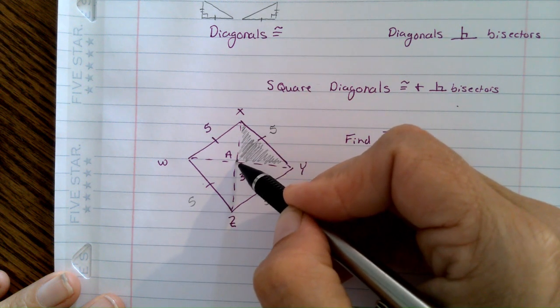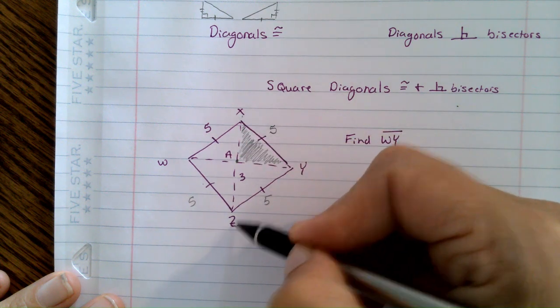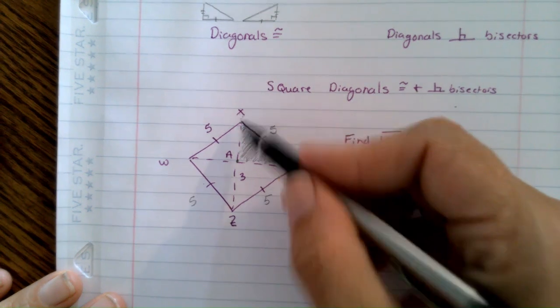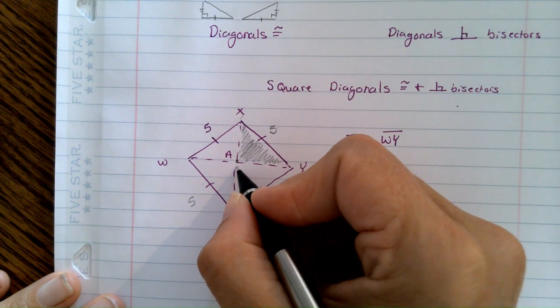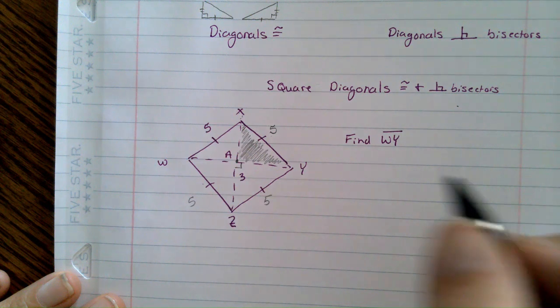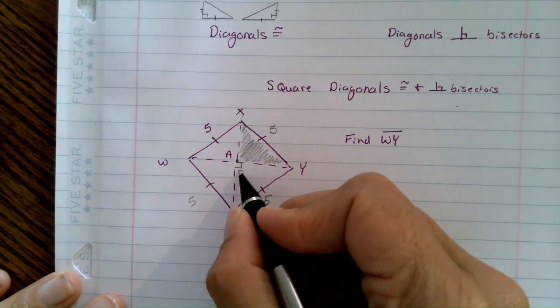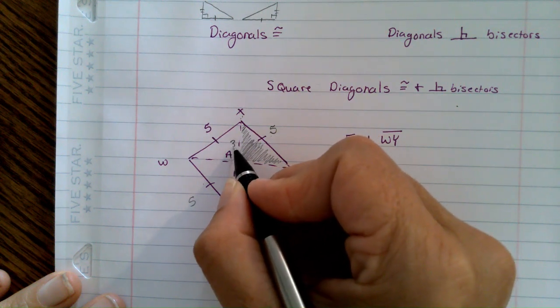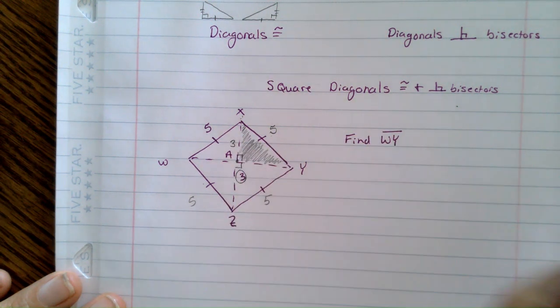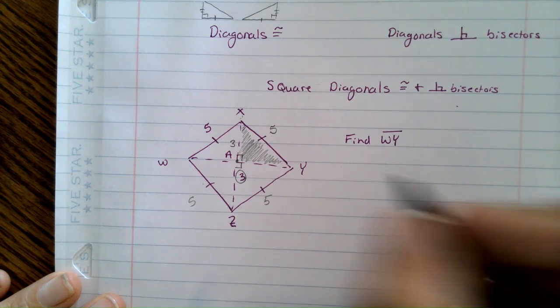So it doesn't say it specifically, but see how these are equidistant from X and Z? Because they're equidistant, this must be a perpendicular bisector, giving us our 90-degree angle. Now that we have a 90-degree angle, we also said perpendicular bisector. So if this down here is 3, then this up here is 3. And we have a right triangle. What can we do with a right triangle? We can do Pythagorean theorem.